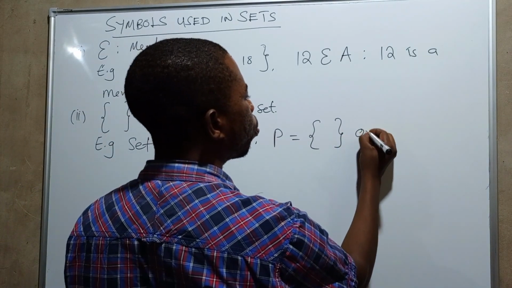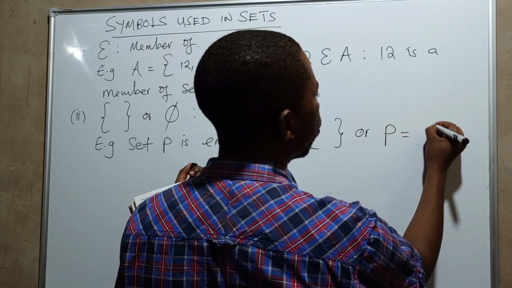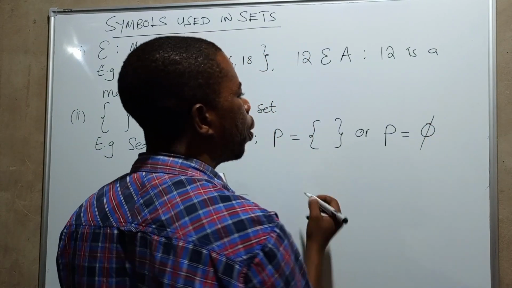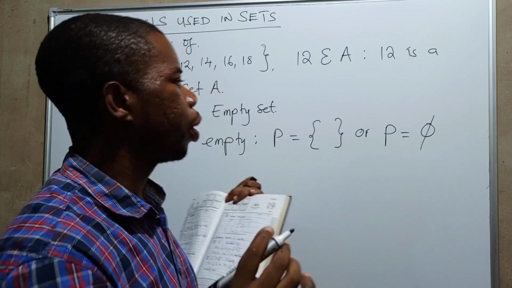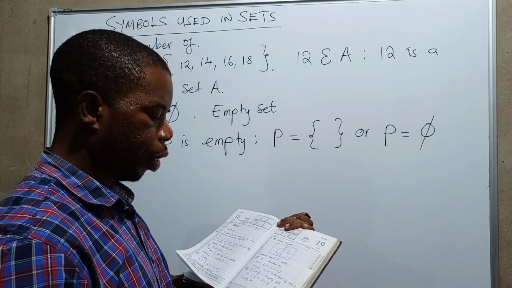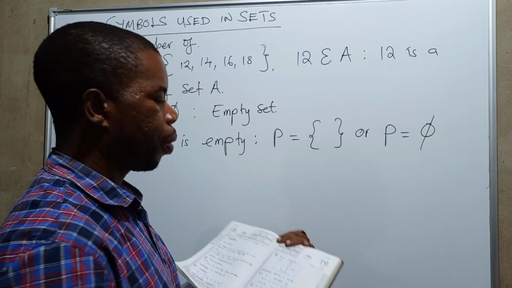Or I can also do it like this. P is equal to, then I write this. So either this symbol or this way, that means the same. It reads set P is empty. Or set P is an empty set.